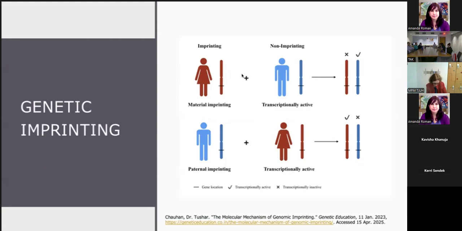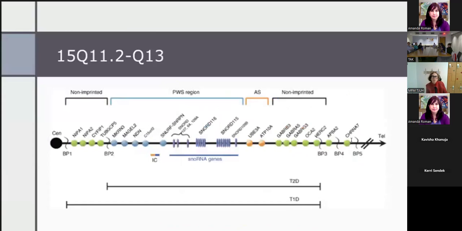And so what we can see here, in this example, is that we have maternal imprinting, and the paternal allele is not imprinted. So that is what is transcriptionally active, versus the image below where the maternal gene is what is transcriptionally active. So Angelman and Prader-Willi are essentially caused by absent activity of a genetic segment within 15q11 to 13, which is depicted above.